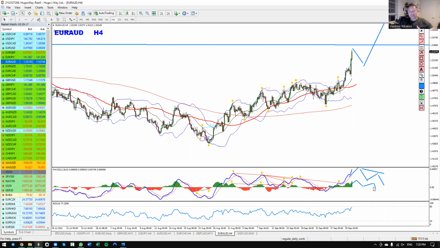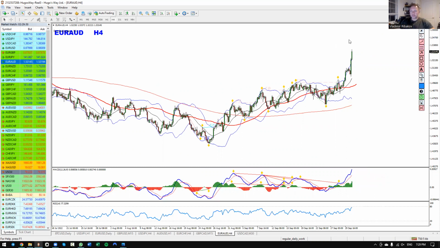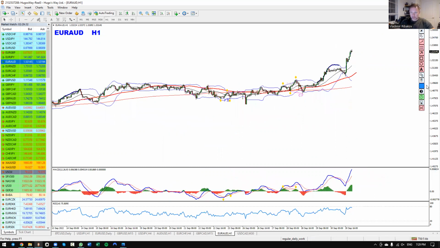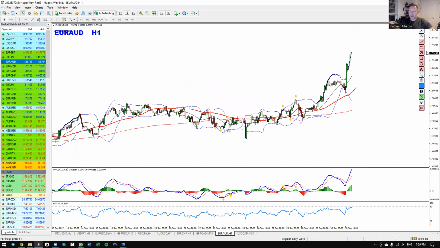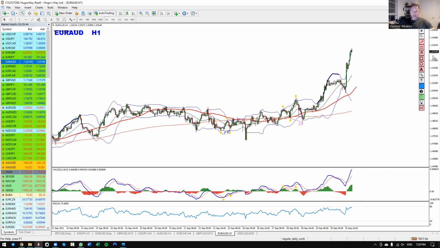And while the daily goes extreme, the 4-hour will start to create the bearish divergence, lower highs on the indicator versus higher highs on the chart. And of course, it might start first from the 1-hour and then to the 4-hour. And this is exactly why, for me, buy the dips is still the correct plan in this ongoing trending structure.